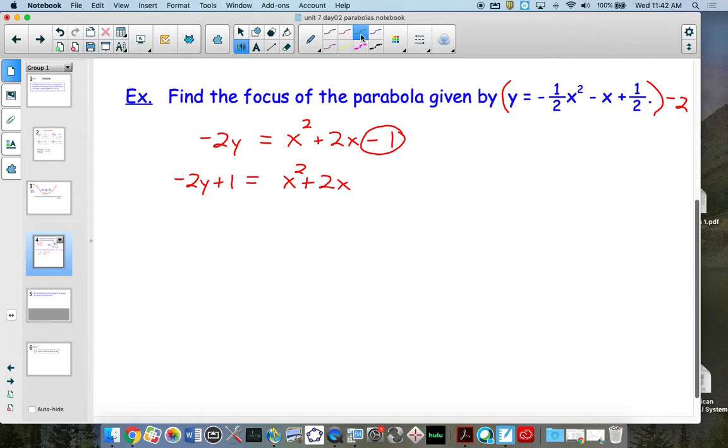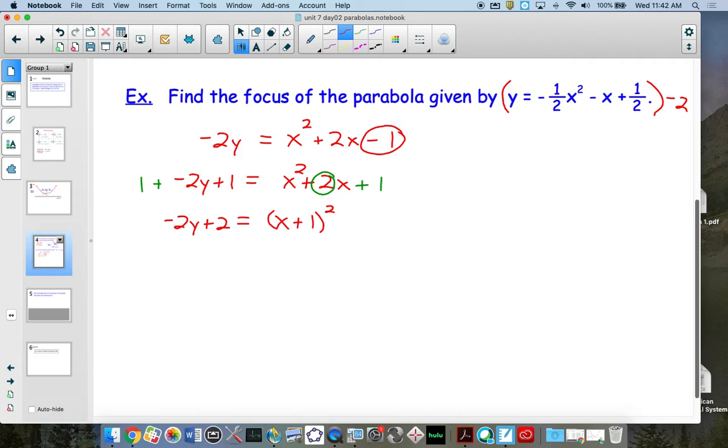Now I'm ready to complete the square on the right side. So remember, we look at this coefficient, divide it by 2 and square it. So that's going to become a plus 1 to make that a perfect square. And so I have to also add 1 to the other side as well. So now what I have is negative 2y plus 2 on the left, and I can write the right side as x plus 1 squared.